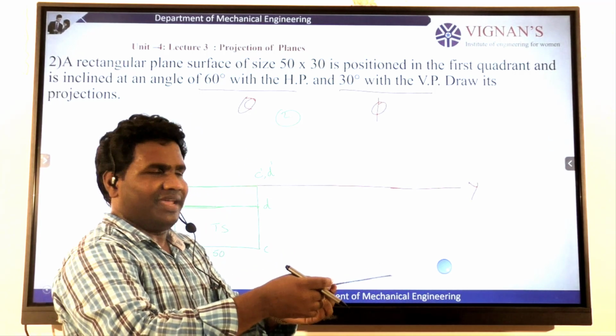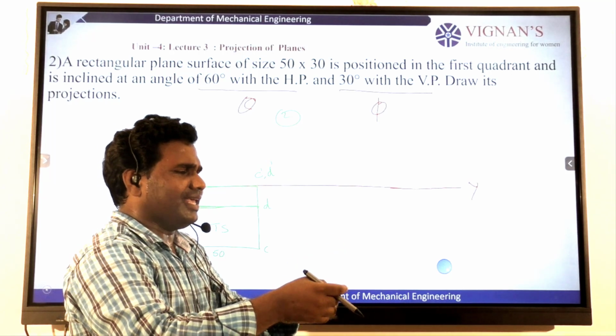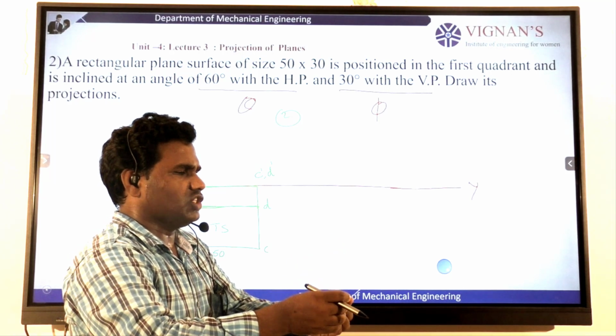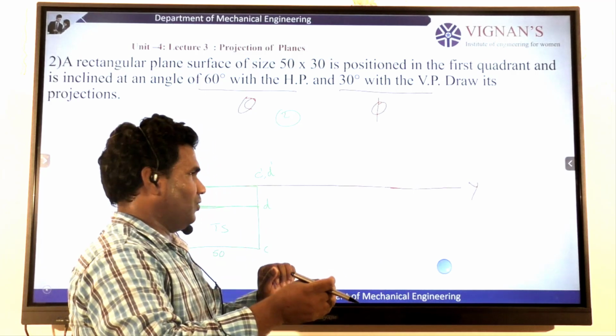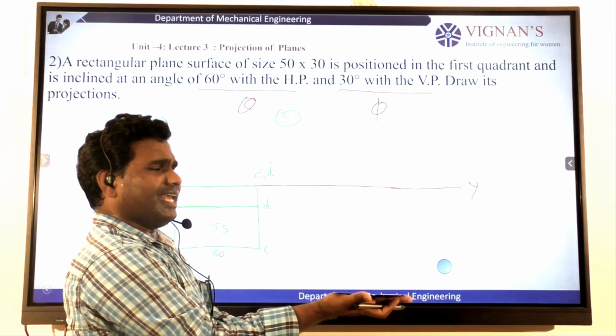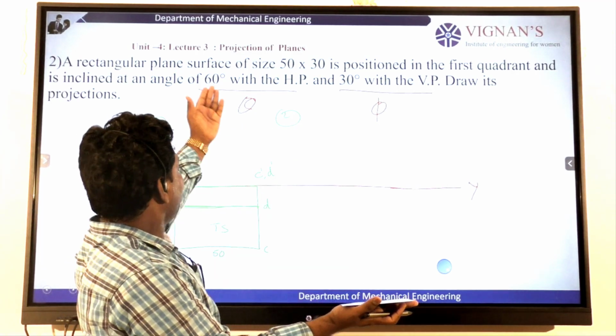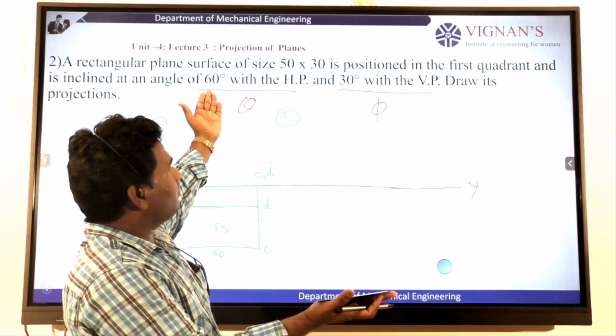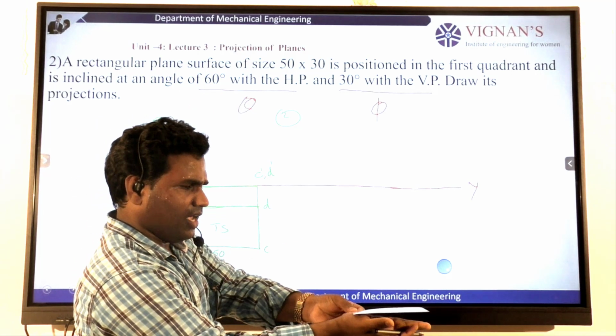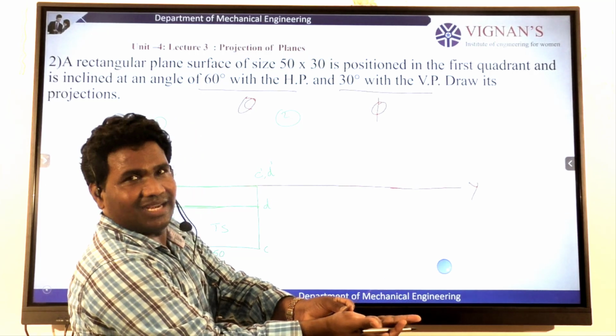Now we will make the plane make an angle of 60 degrees with HP and perpendicular to VP. Initially we kept it like this, but as given in the problem, 60 degrees with HP, the plane should be tilted like this.